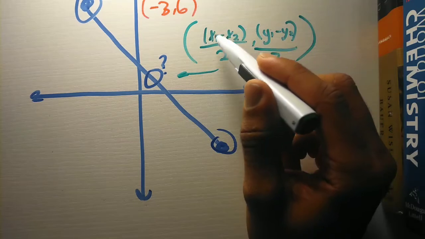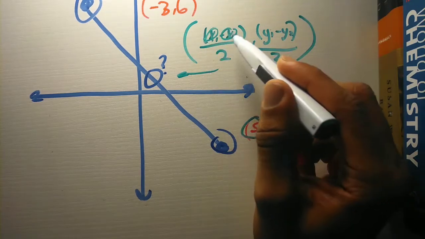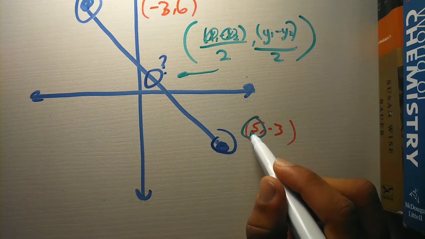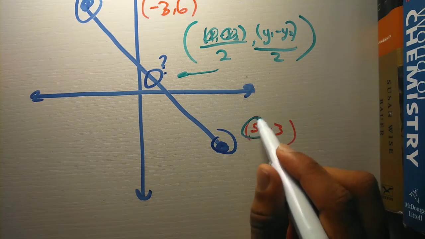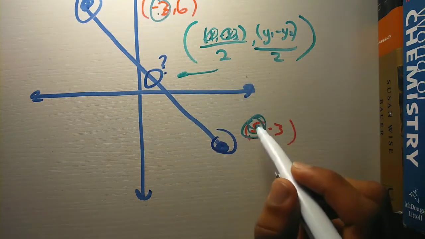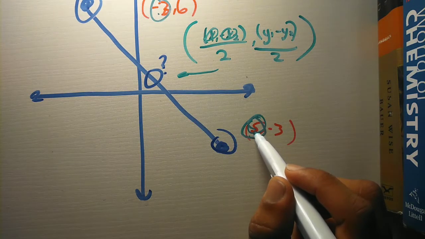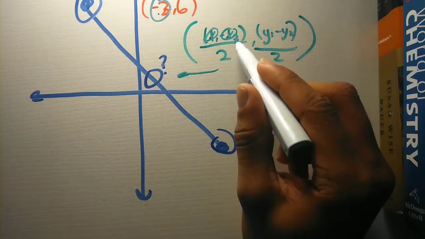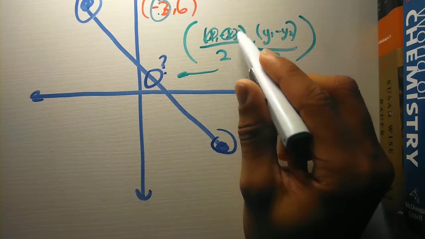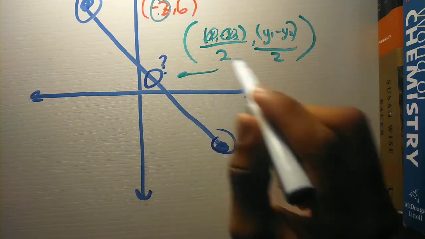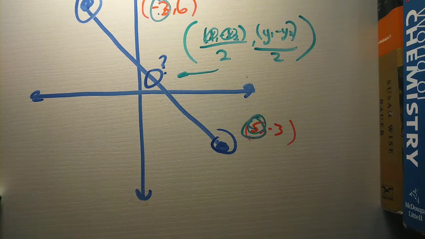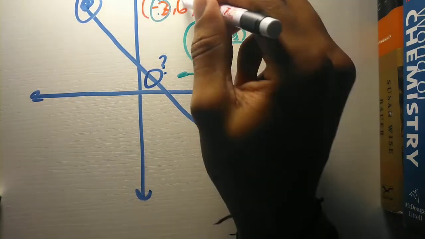Now what does this mean? These x's are equal to these over here. Our x's in this case would be -3 and 5. We will subtract those two and divide by 2 to get our x coordinate. And then we have our y's.